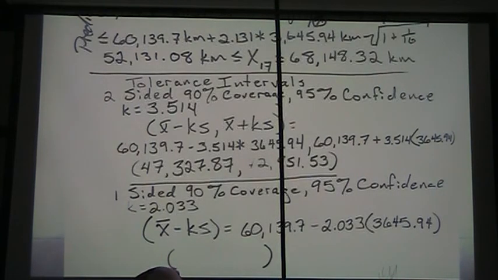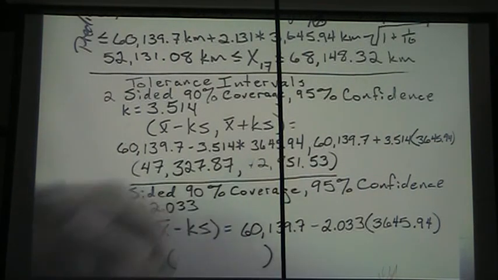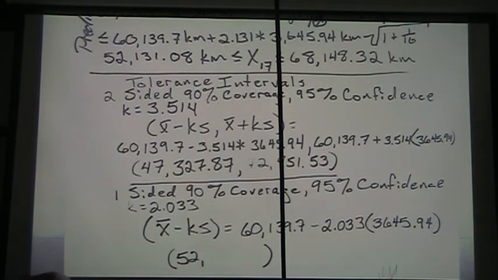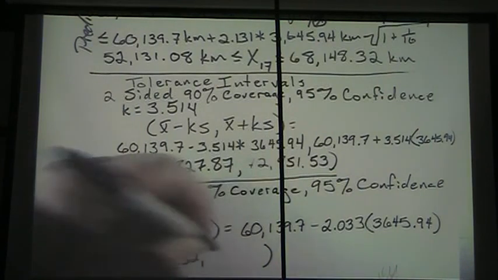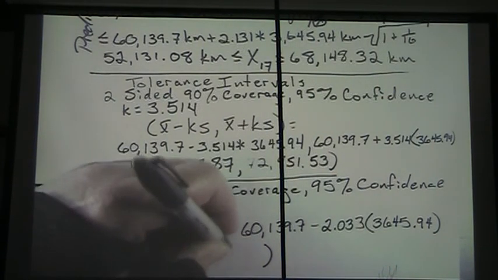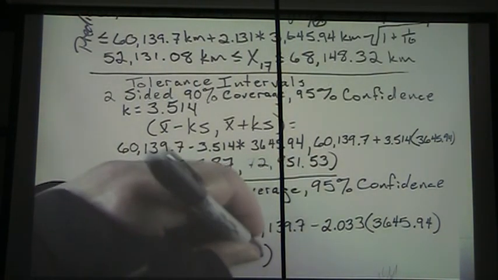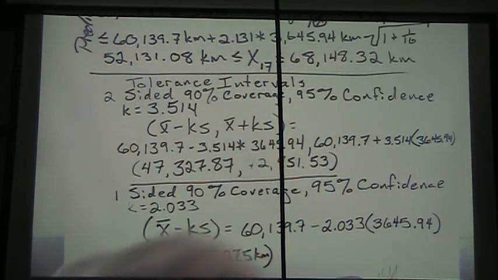Is that right? Yes. All right. So then our lower tolerance interval, our one-sided, we expect tires to last at least 52,727.5 kilometers.